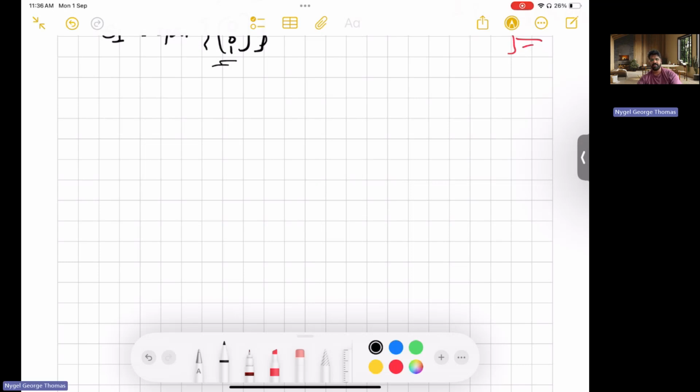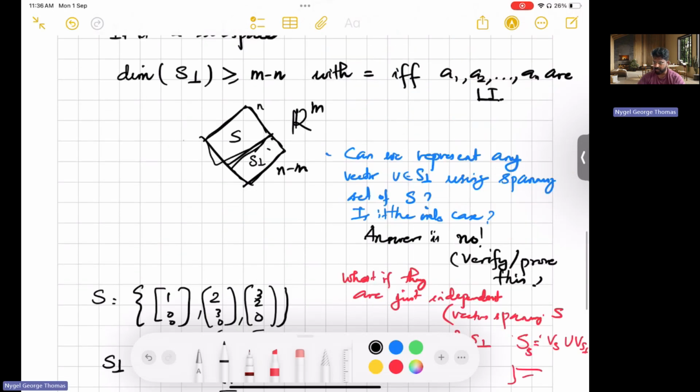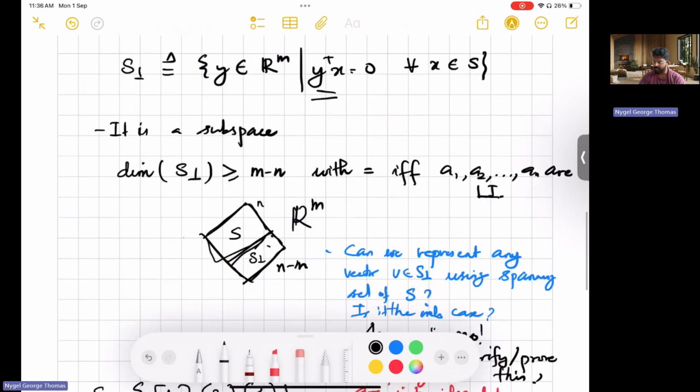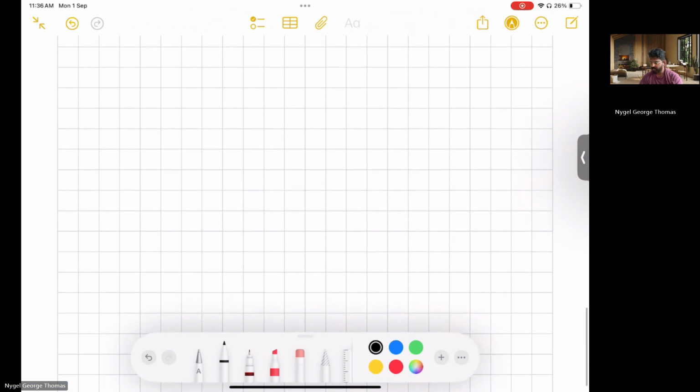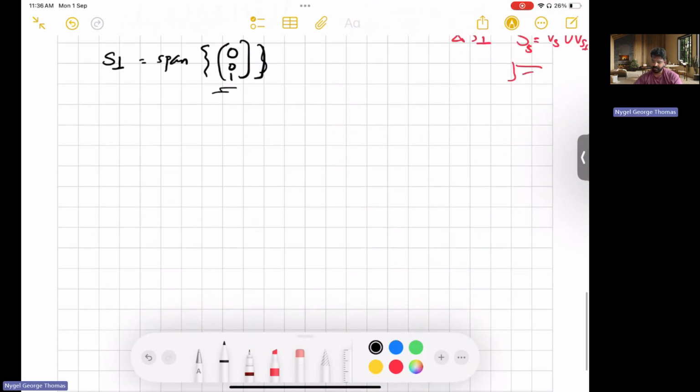Okay. So since we've defined orthogonal spaces here, we can now define the other two partitions which were missing earlier. So now let's discuss that. Let me number them.